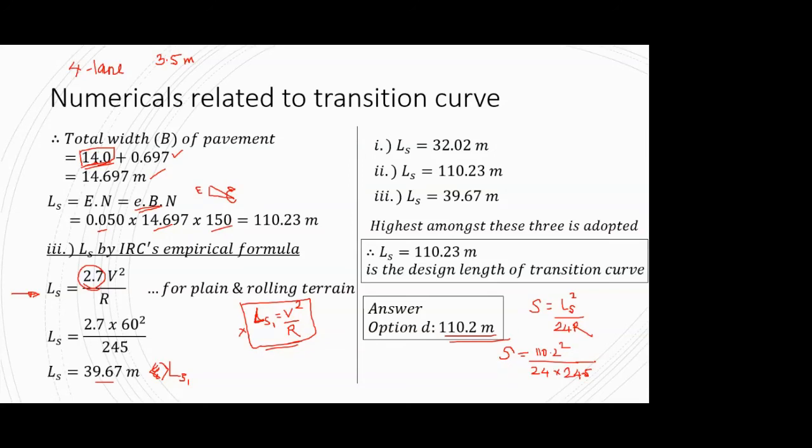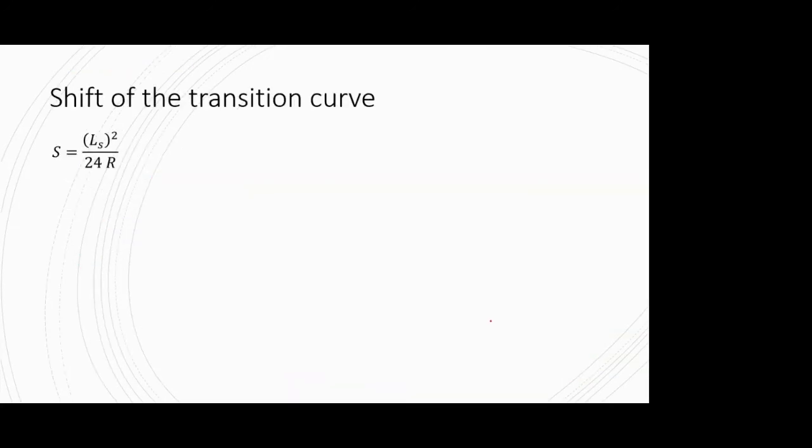That's why this shift is needed, and it can be found by this formula, LS square upon 24R. So that's all with the transition curve. Whatever value you get will be in meter because we are taking LS in meter and radius also in meter. That will be the shift of transition curve. So that's all from my side for today.